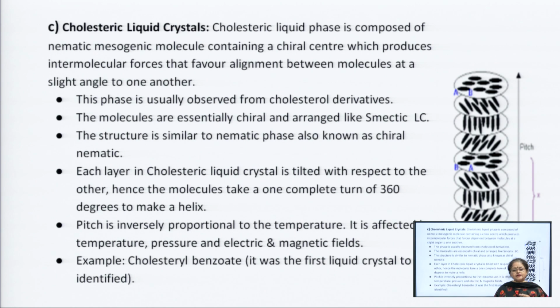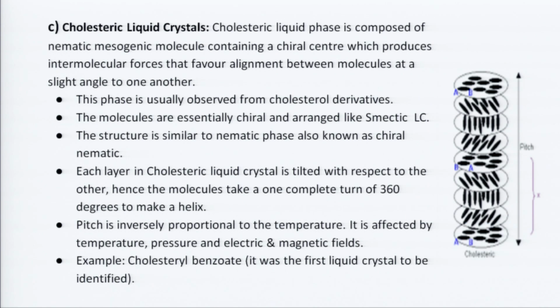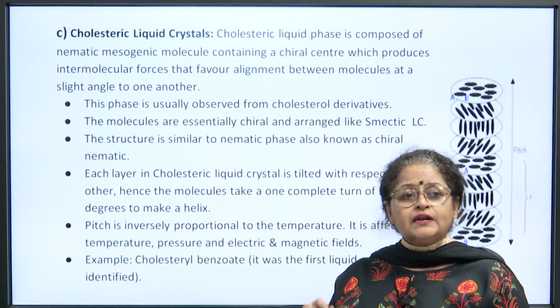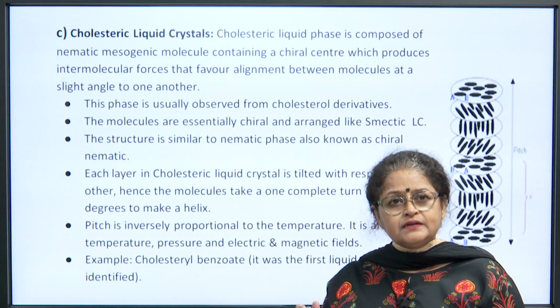So, now let us take up cholesteric liquid crystals. What are cholesteric liquid crystals? The name has been derived from cholesterol, but cholesterol itself may not be a liquid crystal. Derivatives of cholesterol show liquid crystal like behavior, and they are helical in nature, like if you remember the DNA and RNA structures.